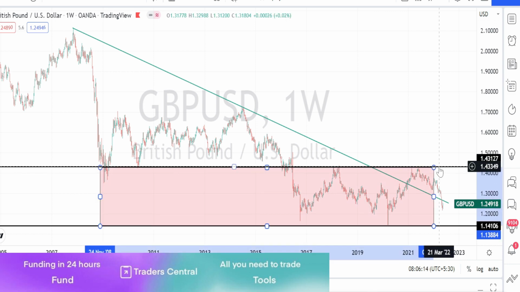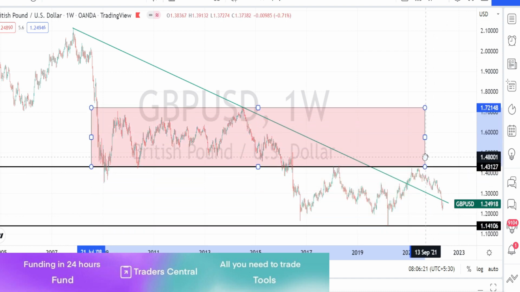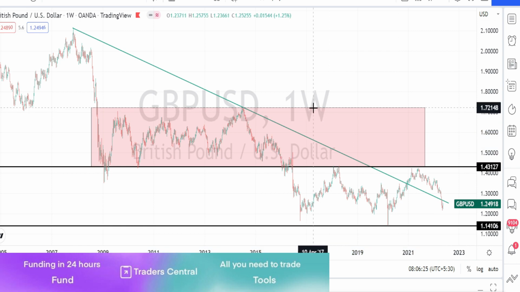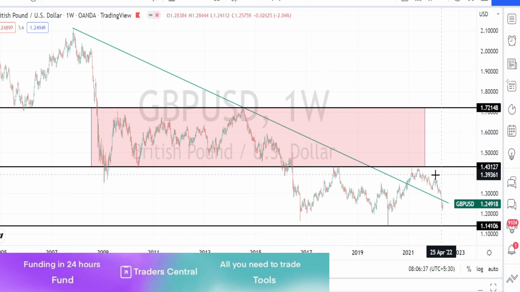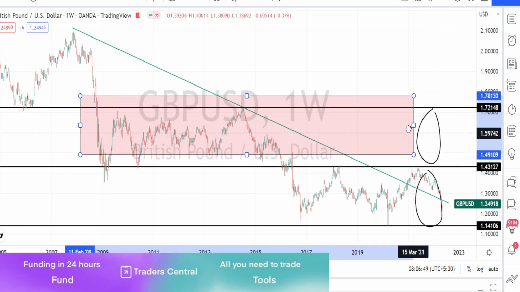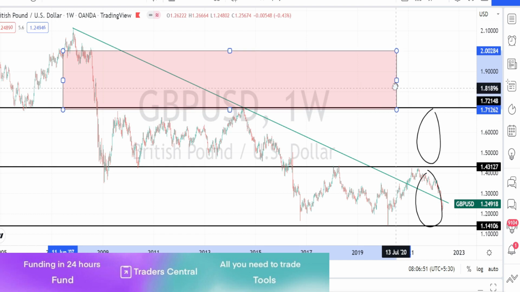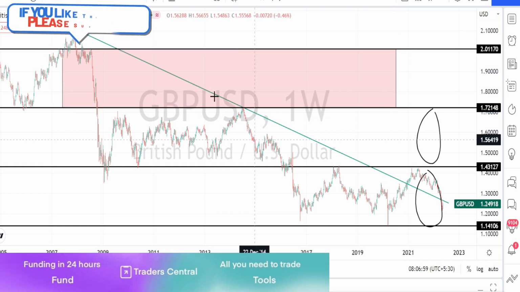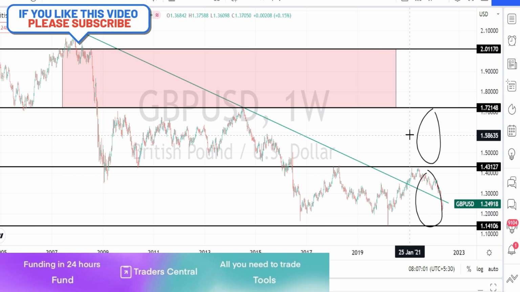And when we take the whole distance from this resistance line to support line, I'm moving it and putting it on the top, and I'm drawing a resistance line over here. We can clearly notice that this distance is equivalent to this distance over here, and again I'm taking this area and putting it on the upside. So here also we can notice that this distance is the same as this distance.